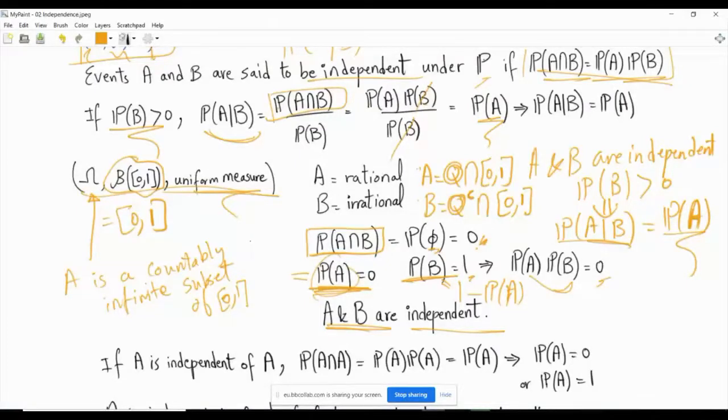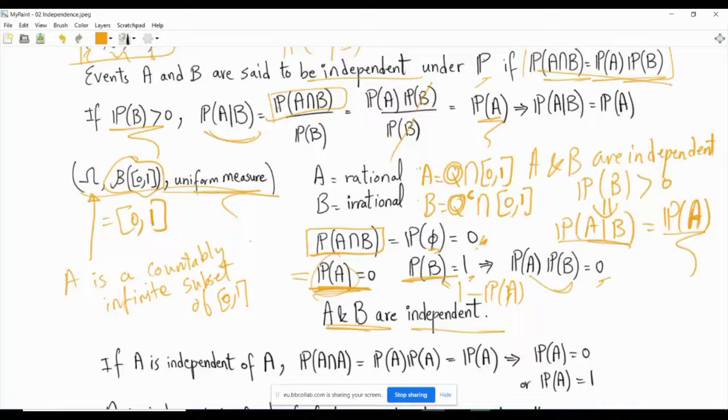So intuitively, these two events are very related. You have only two possibilities, rational or irrational. So if one of them happens, you know that the other will not happen. You pick a rational number, then you are sure that it is not irrational, or vice versa. If you pick an irrational number, then it is not rational.